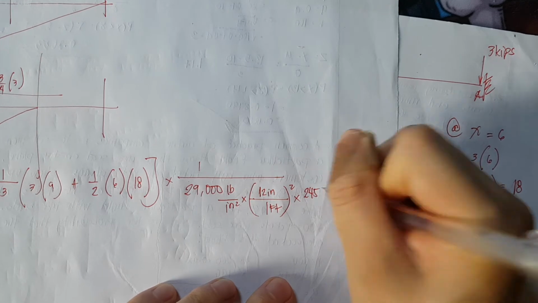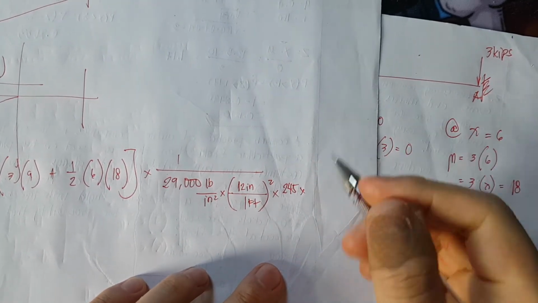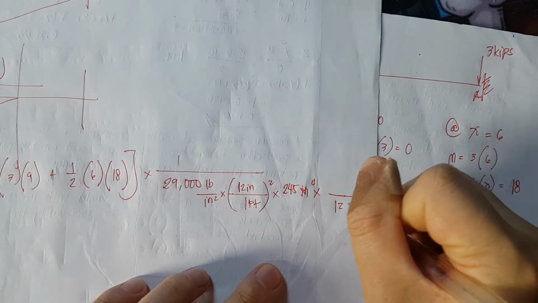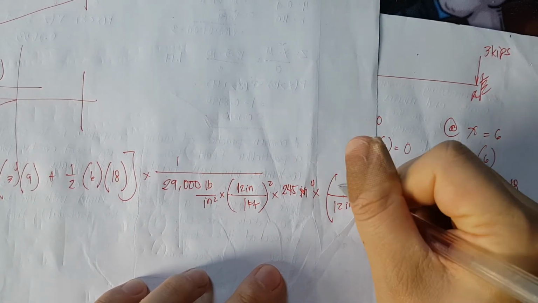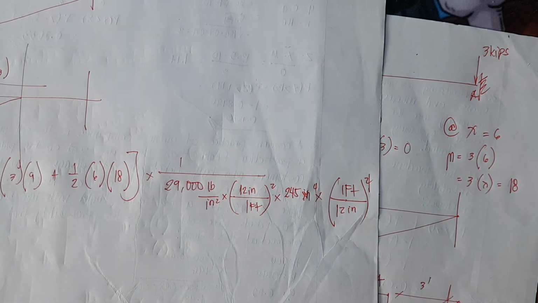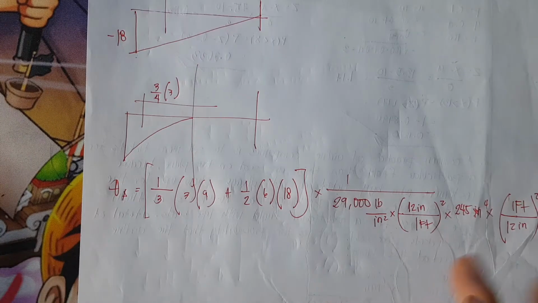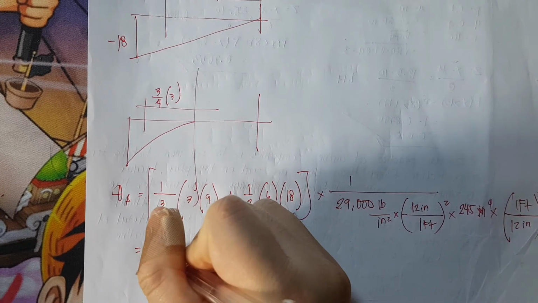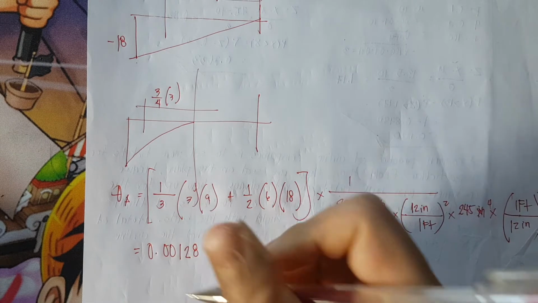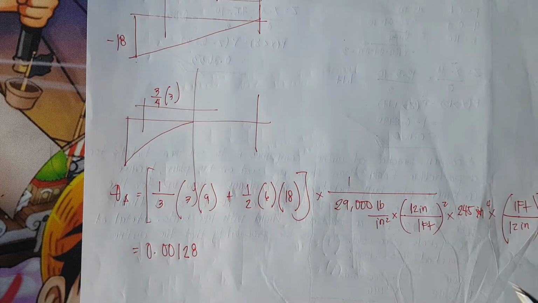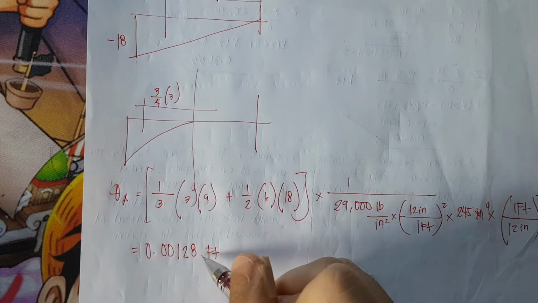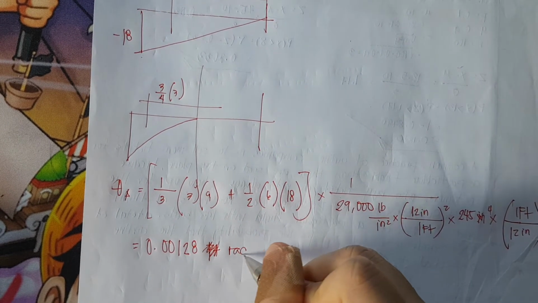So 245 times, that is inch to the fourth times 12 inch is equivalent to 1 foot quantity to the fourth. That is equivalent to 0.00128. Ay, no. That's not in feet. Radian.